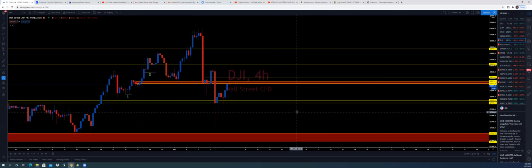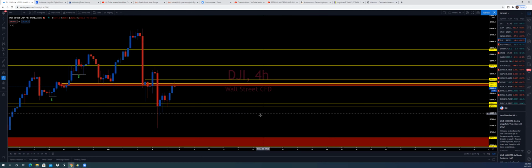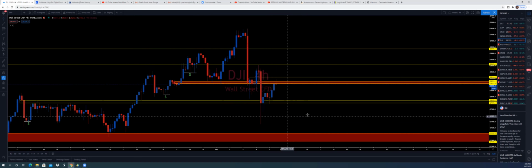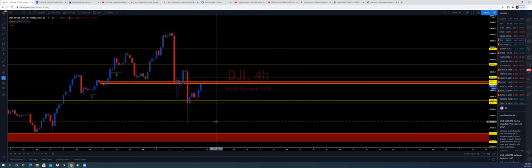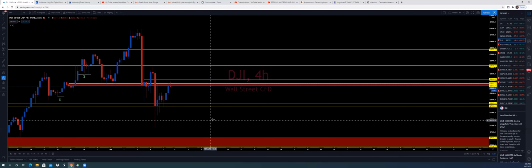US 30, Dow Jones Industrial Index average. Looking at U30. U30 looks real good for a sale right now.